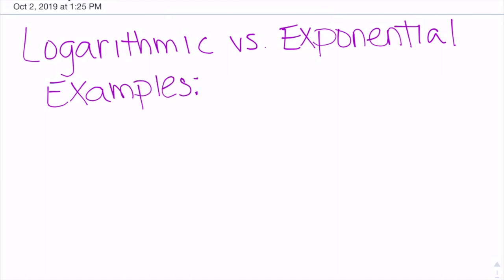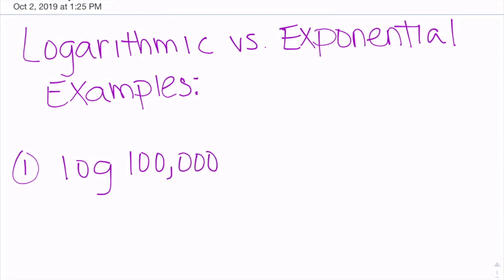And so the first example, if we're given the logarithm, log of 100,000 equals 5. And we want to convert this into exponential form. So on the left side here, this is going to be log form. And on the right side here, we're going to have exponential form.